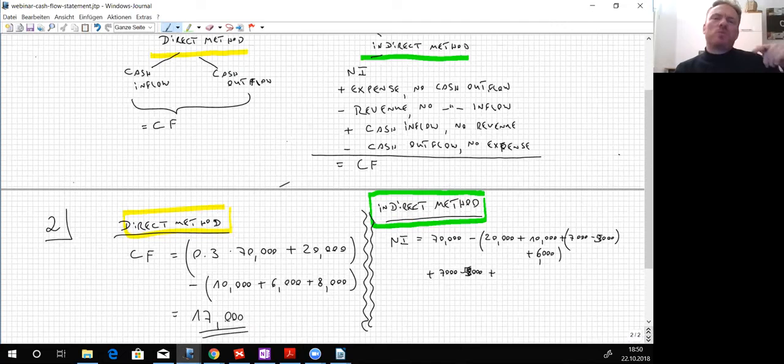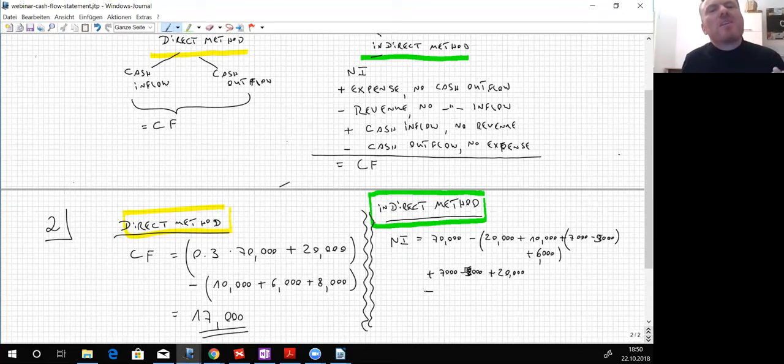But since it was no cash outflow, we have to add it again in order to really compute cash flow, which means 20,000. Here again, we add it back. That was plus expense, but no cash outflow.